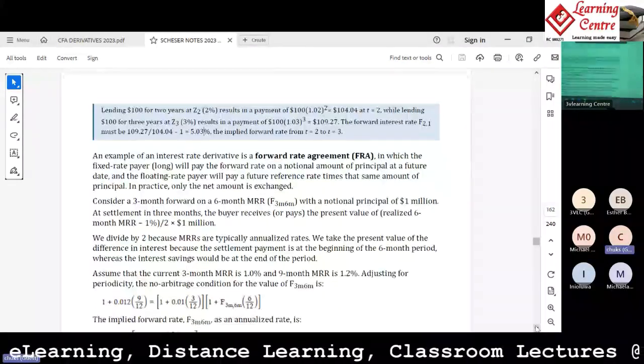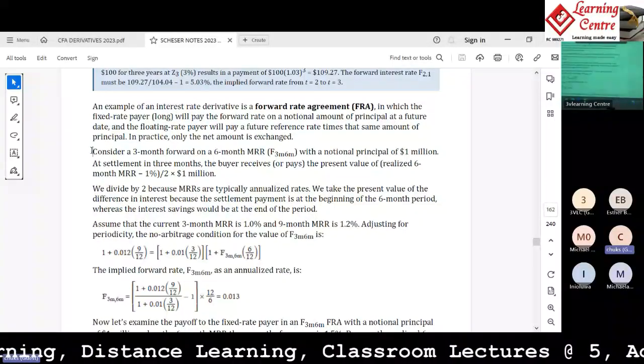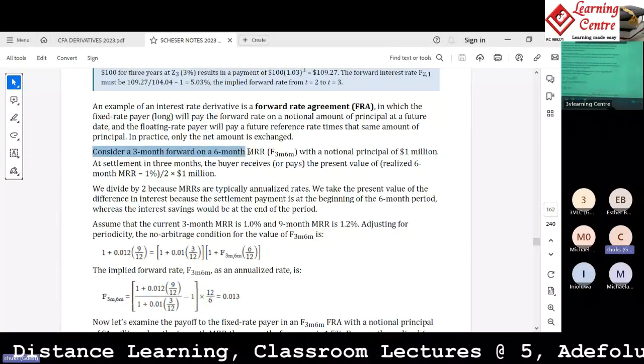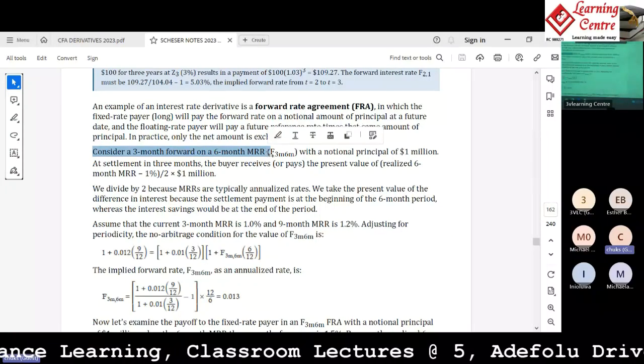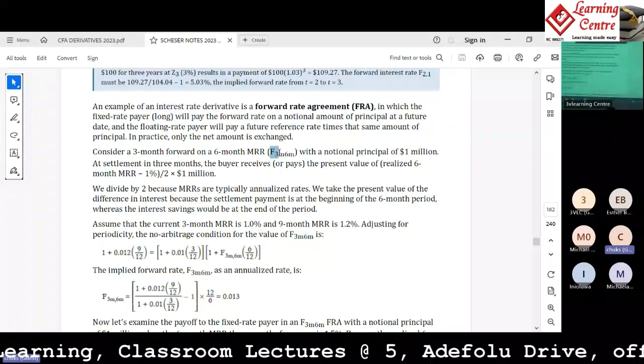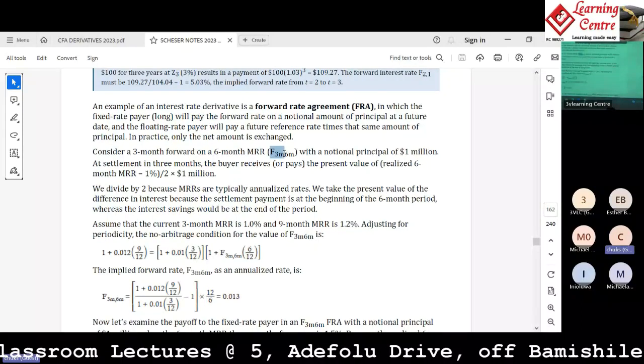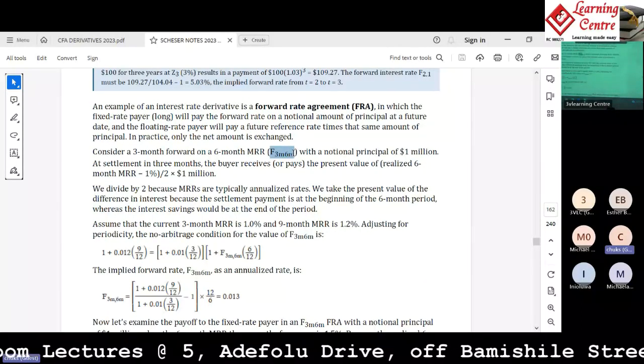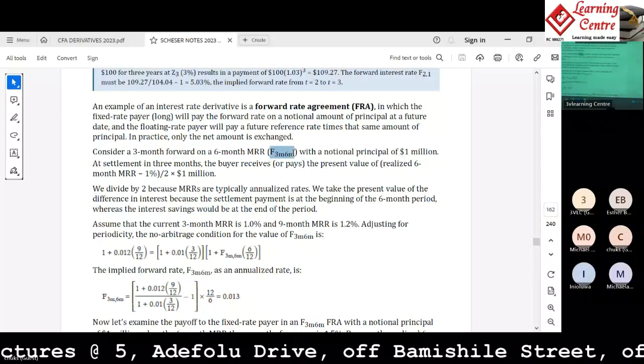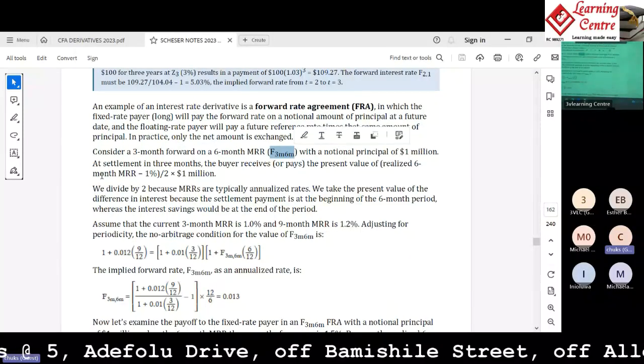So we take another example. So this one is consider a 3 month forward on a 6 month MRR. So that's this period. So it's starting in 3 months time. That's the first period. And then it is lasting for a 6 months period. So the principal is $1 million.